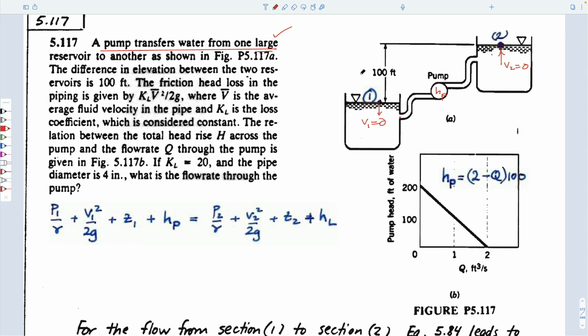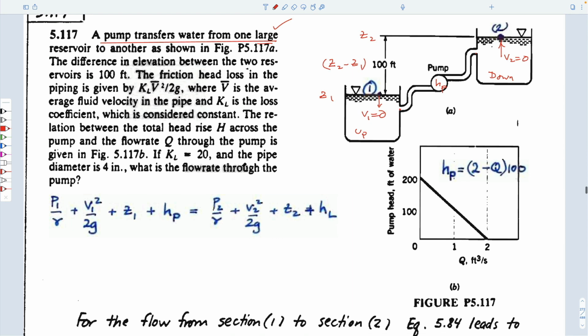Well, I promised SI only, but this would be Z2 minus Z1, right? Z1, Z2. Because this is upstream, I guess, we have to realize that. This is downstream, if we're pumping from 1 to 2. It doesn't say that, but that's what we're doing.